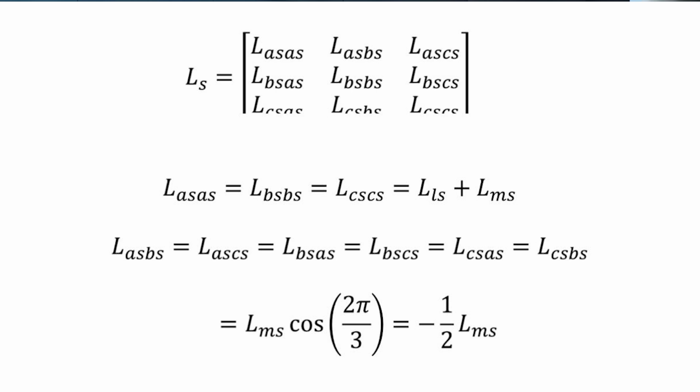So, like this you are going to get the stator inductance matrix. Similarly, you get the rotor inductance matrix, and next you also get the mutual inductance matrix LLR. Now, if you see the final expression, this is the final matrix which is showing the flux linkages in case of induction machine.